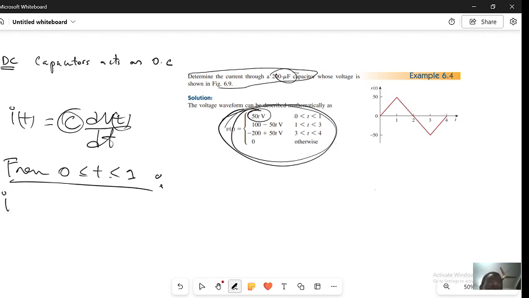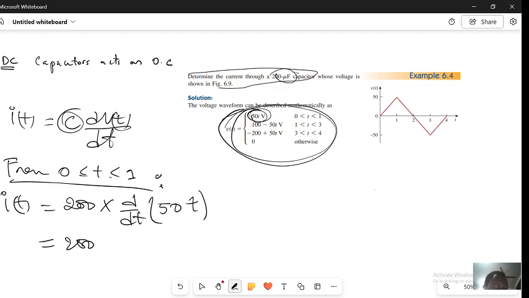In that case, i(t) is going to be C, 200, multiplied by the derivative with respect to t of the voltage. The voltage is 50t. So I will have 200 multiplied by the derivative of 50t, which is 50.